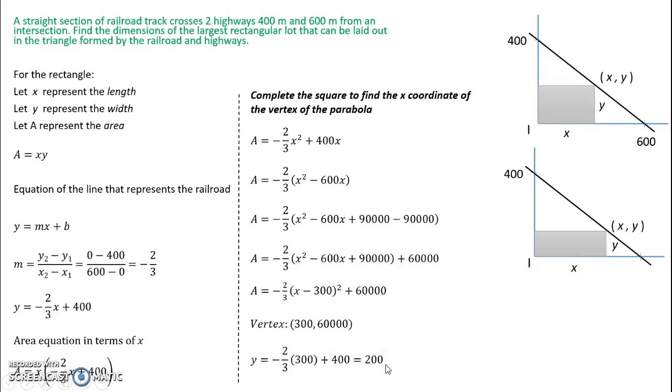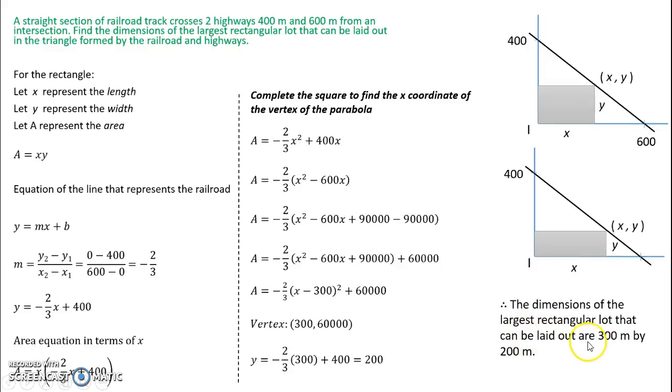So our rectangle is going to look more like this than this. The length is going to be 300 and the width is going to be 200. Therefore, the dimensions of the largest rectangular lot that can be laid out are 300 meters by 200 meters.